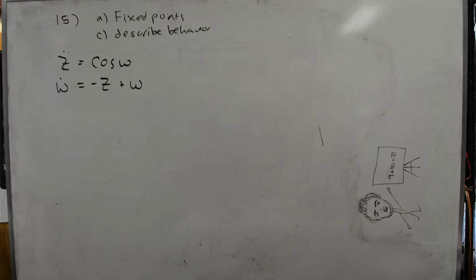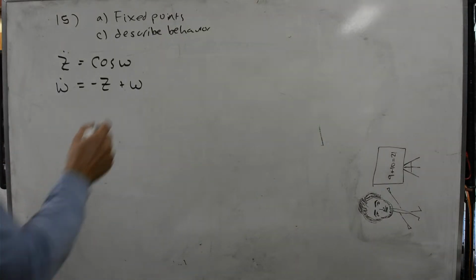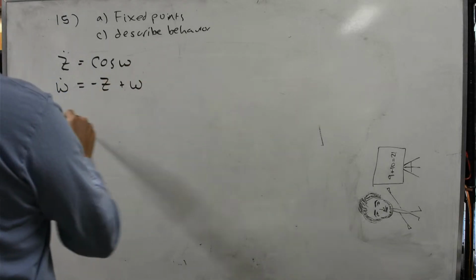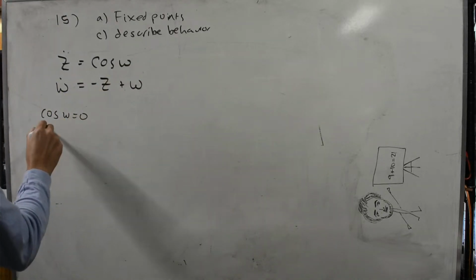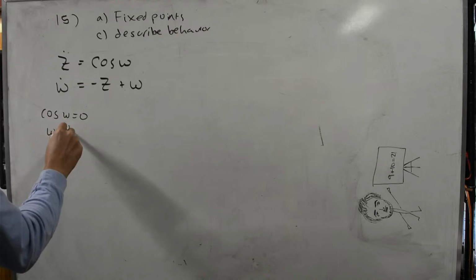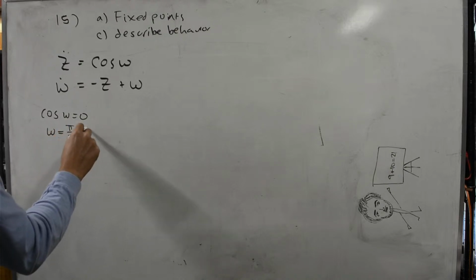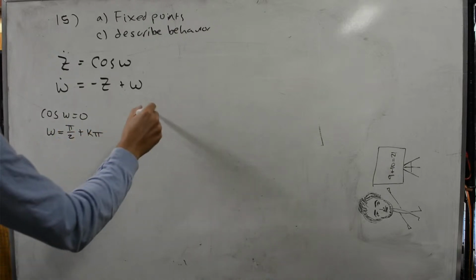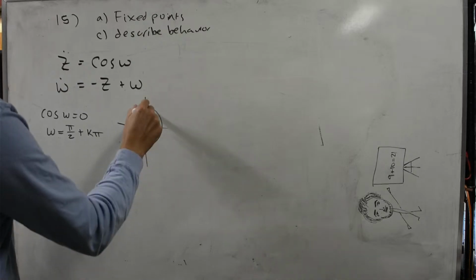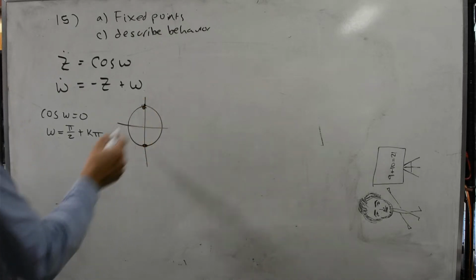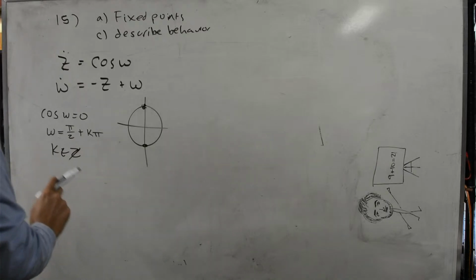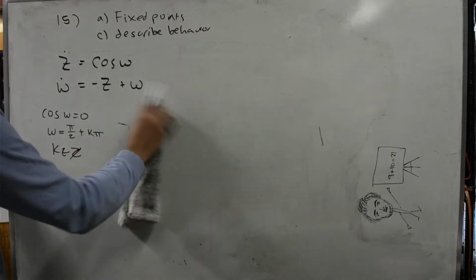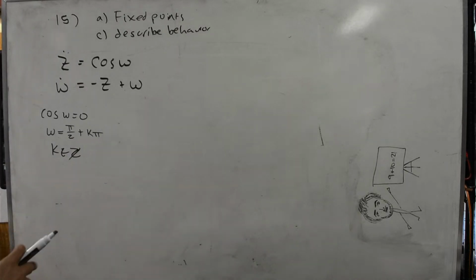Okay, so cos W equal to 0 has W equal to pi over 2 plus k pi, because this is a 0 and this is a 0. So for k an integer.